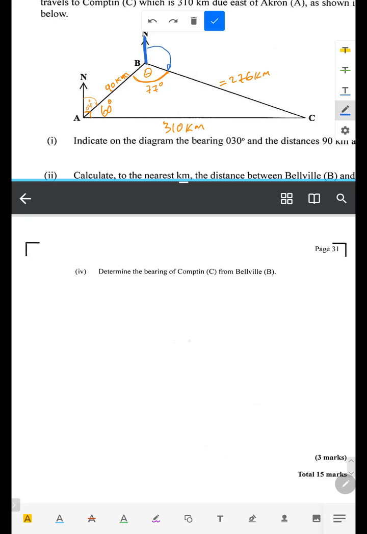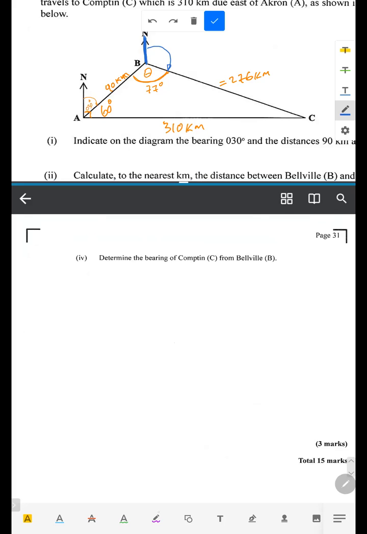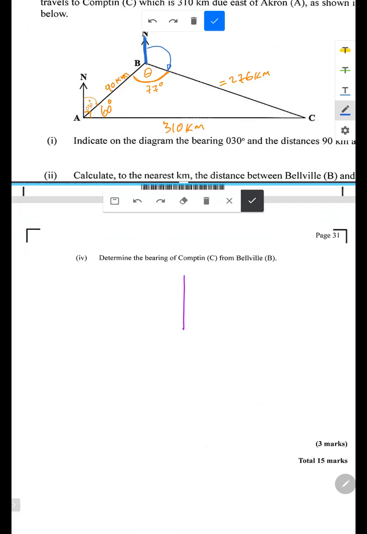So down here, we have the north line. We have this line going down to C down here. We have this line here. The angle down here is 30 degrees. Inside here is 77 degrees. This is the north line, and we have this horizontal line.